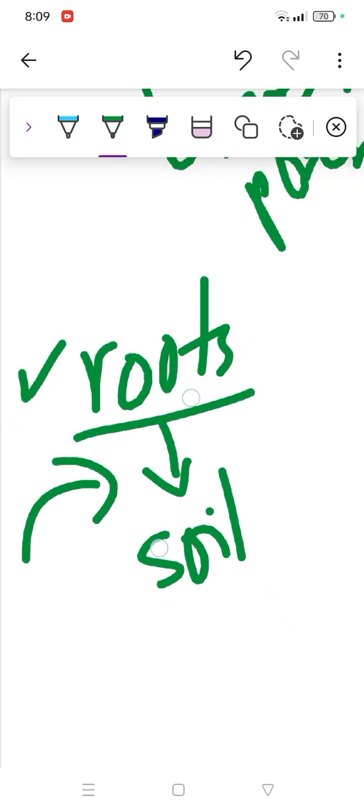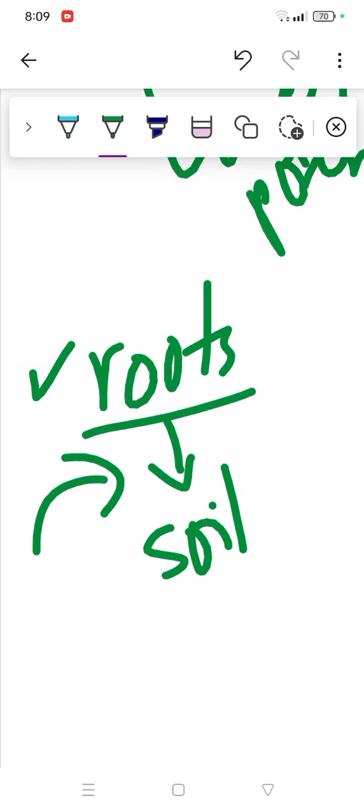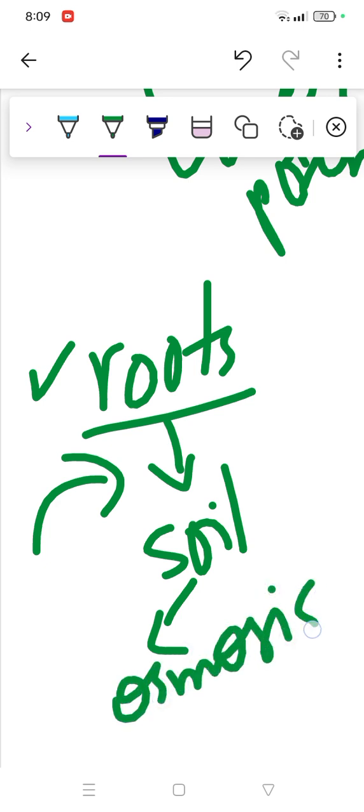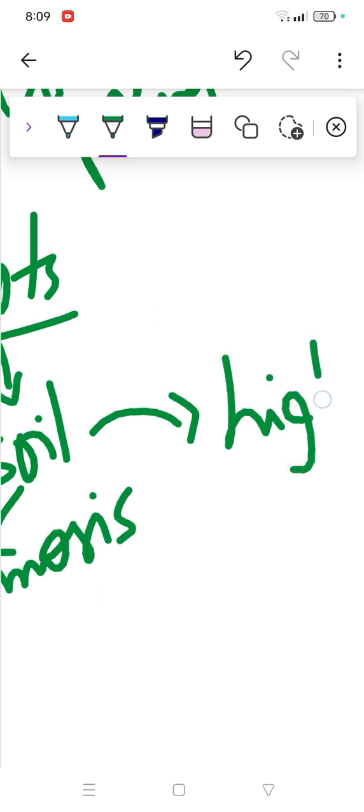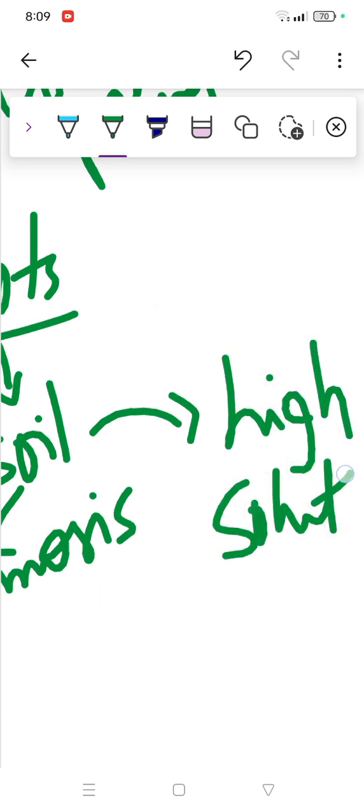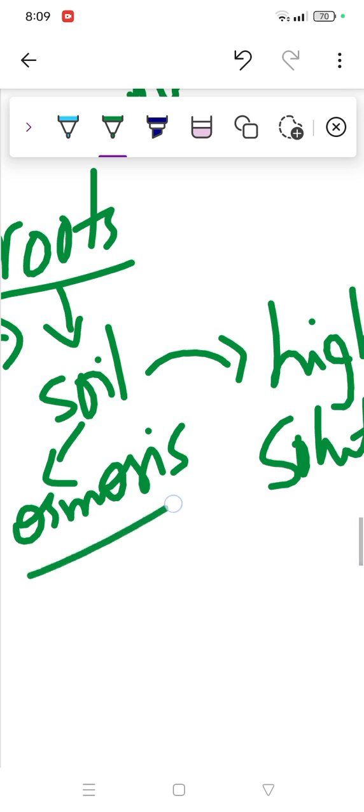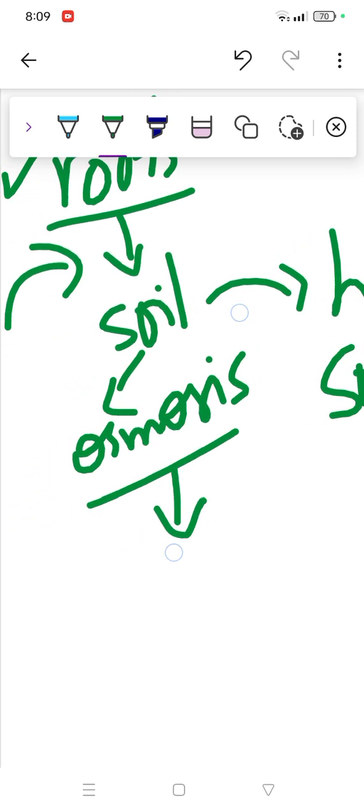So they are going to manage everything by the process of osmosis. They'll bring water from higher concentration to lower concentration, because they have high solute but lower solvent, right? Osmosis is simply taking water from higher concentration to lower concentration. That simply means osmosis.